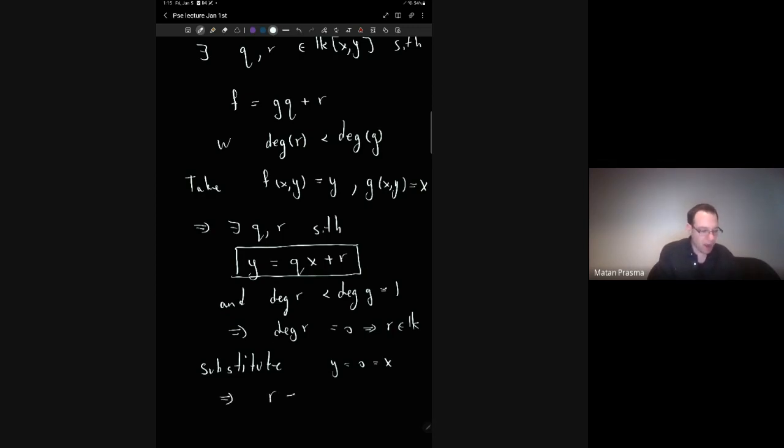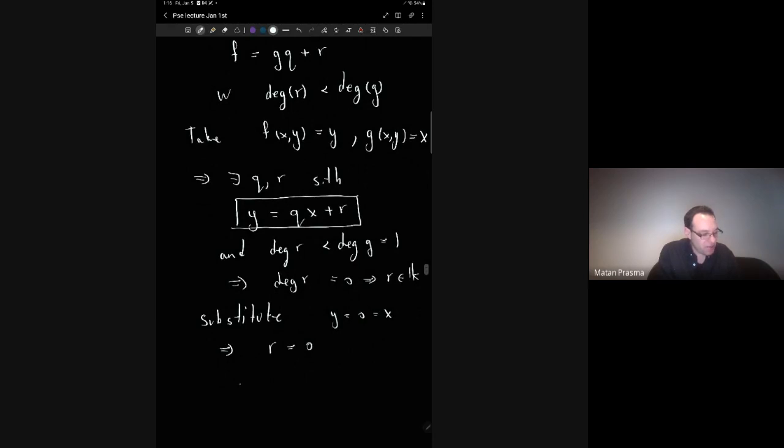And I get that r actually needs to be 0. But then I have an equation of the form y equals qx. And this cannot possibly be true for any substitutions of x and y.